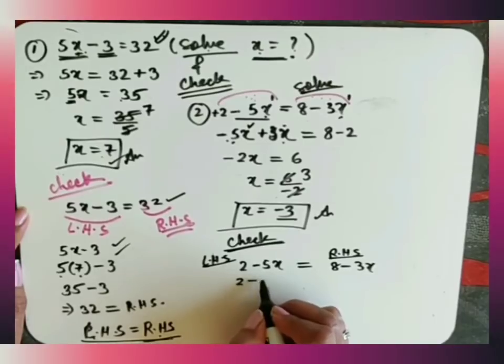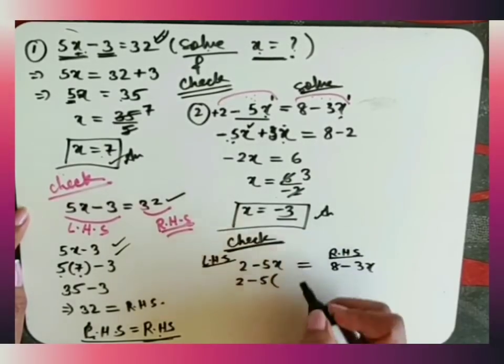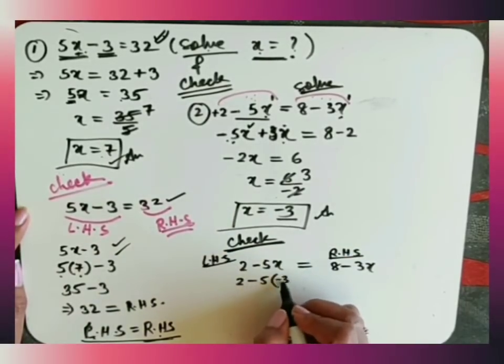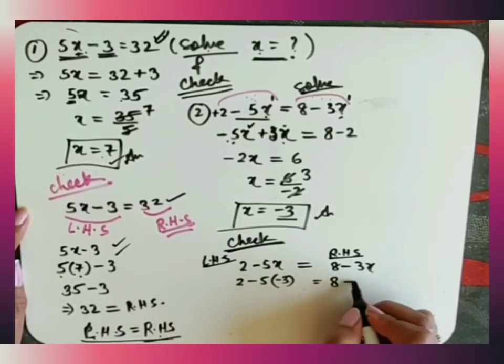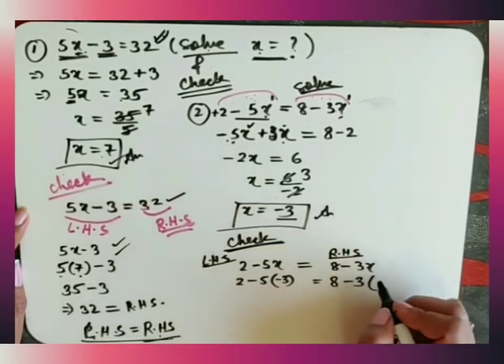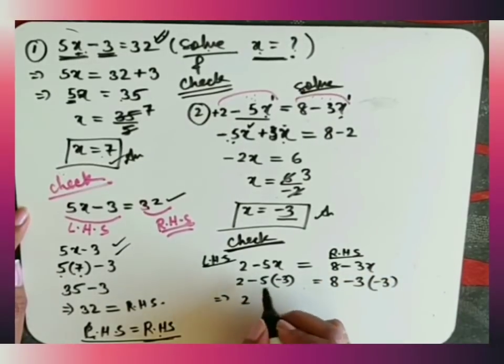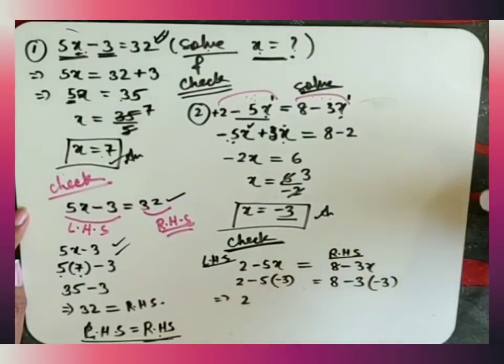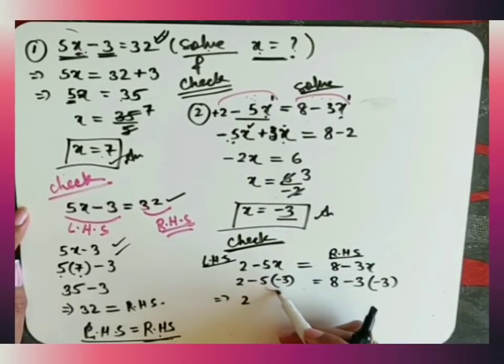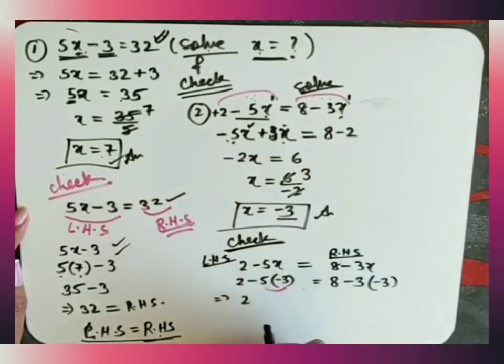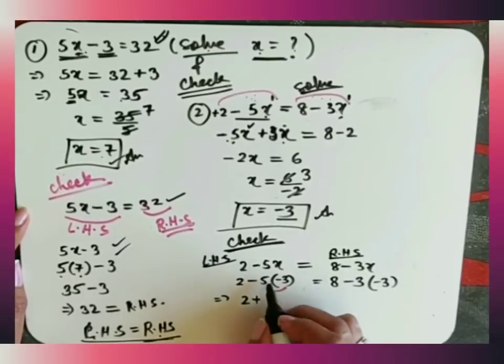So 2 minus 5, substitute the value of x, which is minus 3, equal to 8 minus 3, and substitute the value of x, which is minus 3, here as well. So 2, now multiply minus 5 by minus 3. Minus minus, the sign will change to plus, and 5 multiplied by 3 is 15.